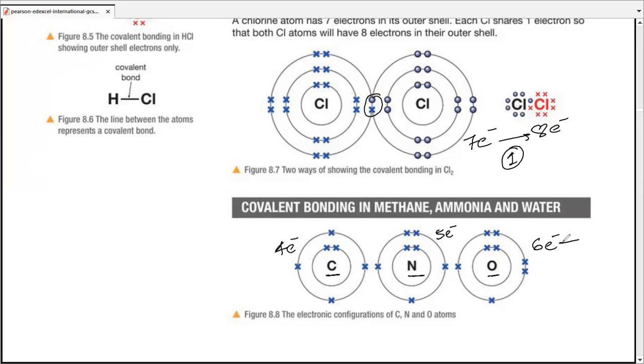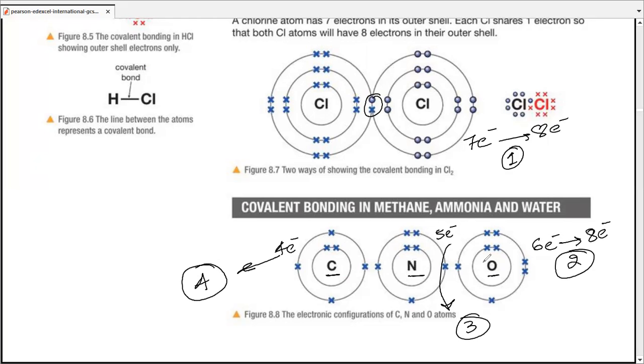So if a 6 electron structure has to follow the octet rule, it needs 2 bonds. Those with 5 electrons need 3 bonds. And those with 4 electrons actually need 4 bonds in order to complete the octet rule. Do you follow me? Yes.